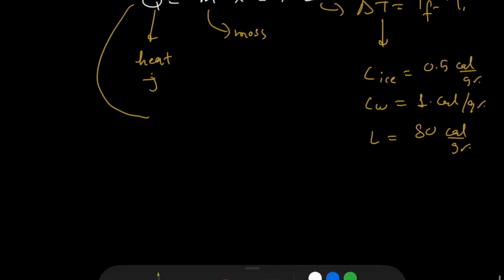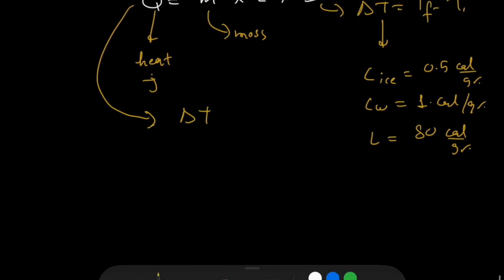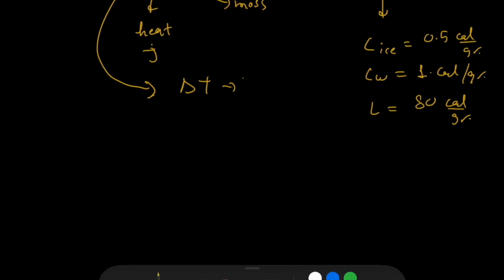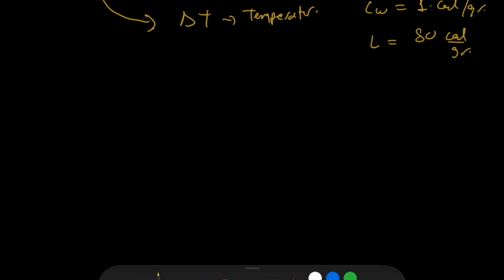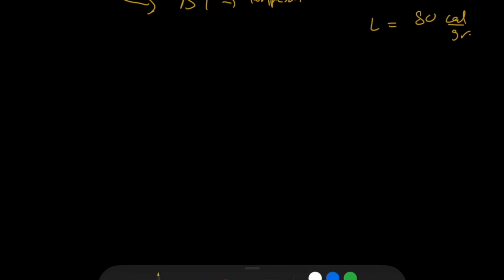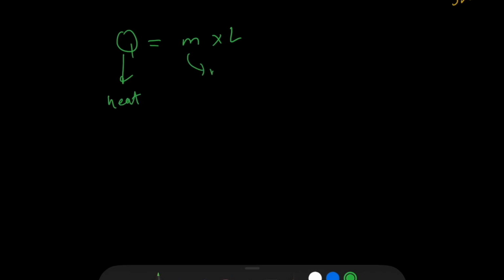Okay, if you see this equation, there must be a delta T, a change of temperature. If there is no temperature change, like in a change of state, like ice to water, we have to use Q equals mL. Q is heat, m is mass, and L is latent heat.